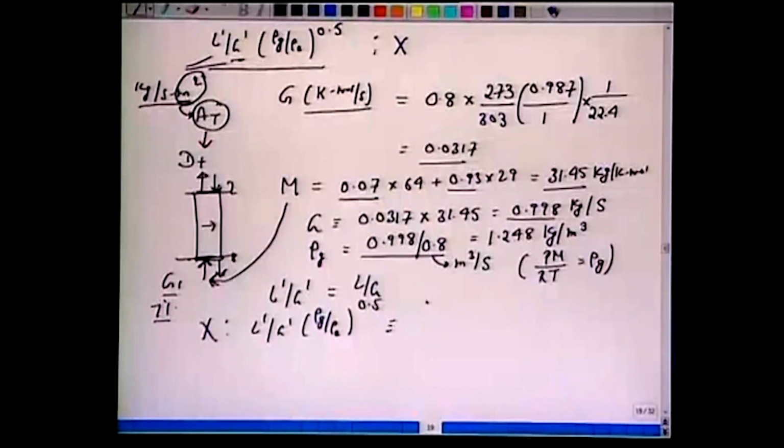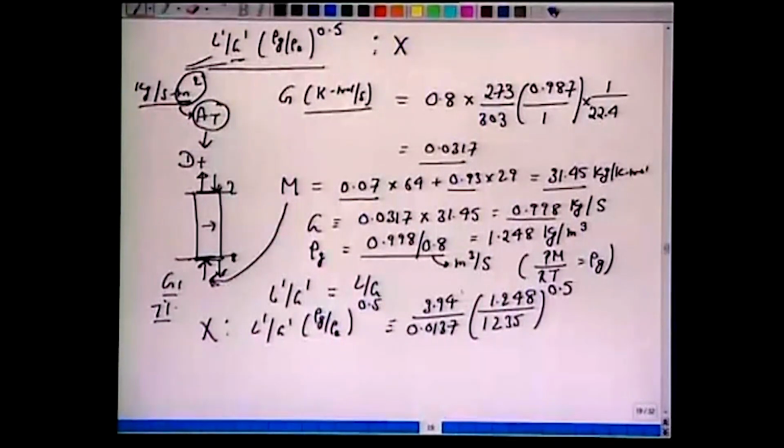This is equal to 3.94 over G times 1.248 over 1235 to the power 0.5. The liquid flow rate is given as 3.94, no, 3.8 kg per second. Okay, so we will correct this to 3.8 kg per second.